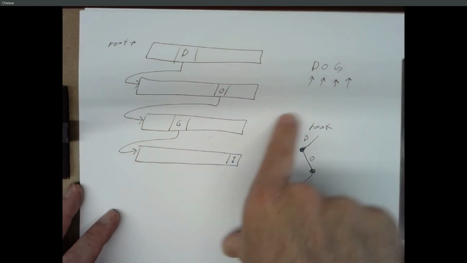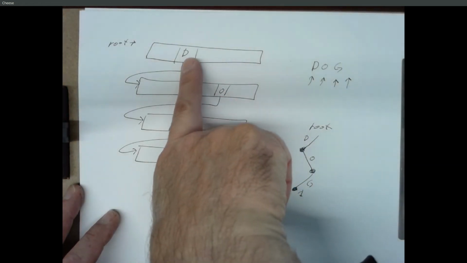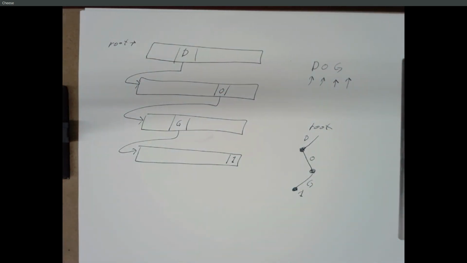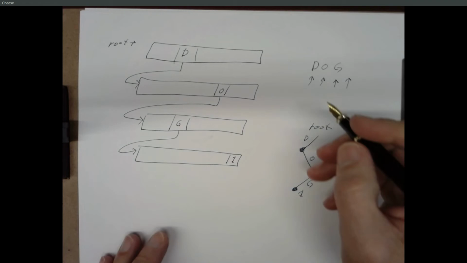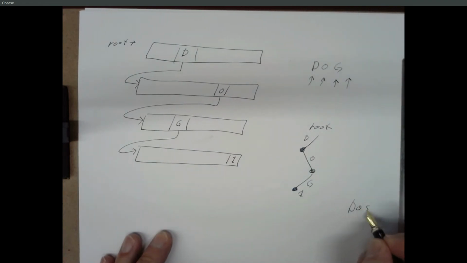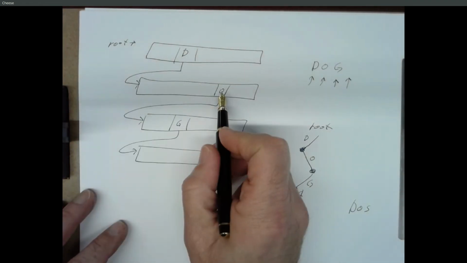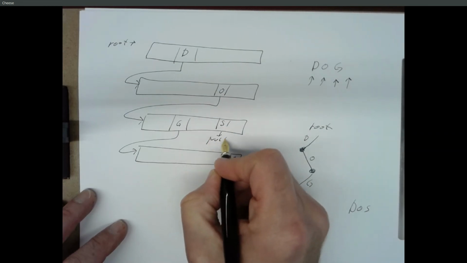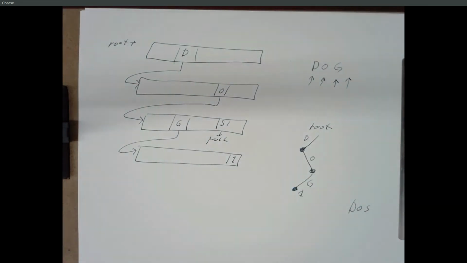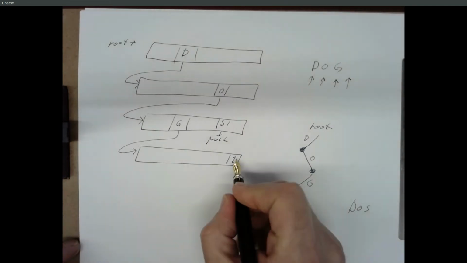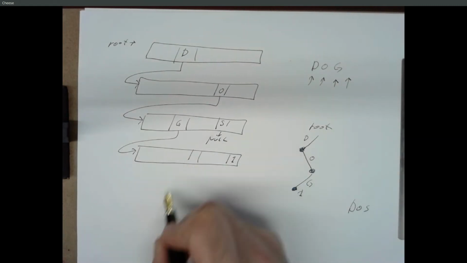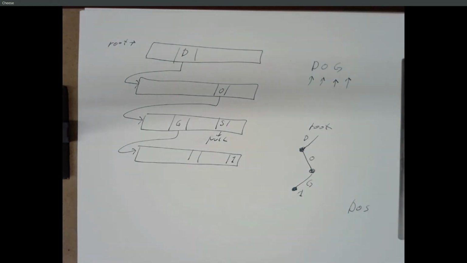If dog is in there, it's got to be somewhere off the D, somewhere off the O, somewhere off the G, right? And if you look for DOS, you follow the D to here, you follow the O to here, you check the S, and that's null. Right there you can say there's no DOS in here. If you get down here, but this bit is a 0, there's no dog, but presumably there's something else down here that goes somewhere else.